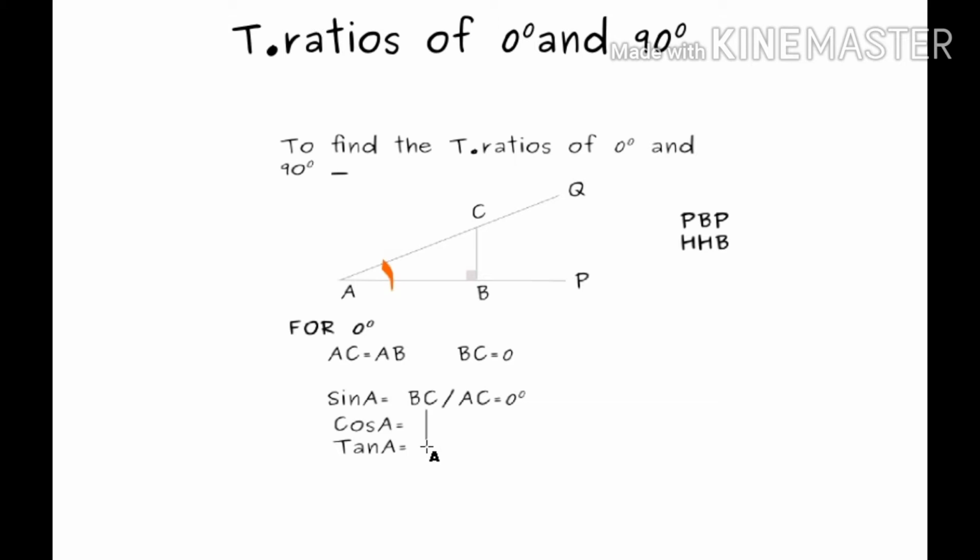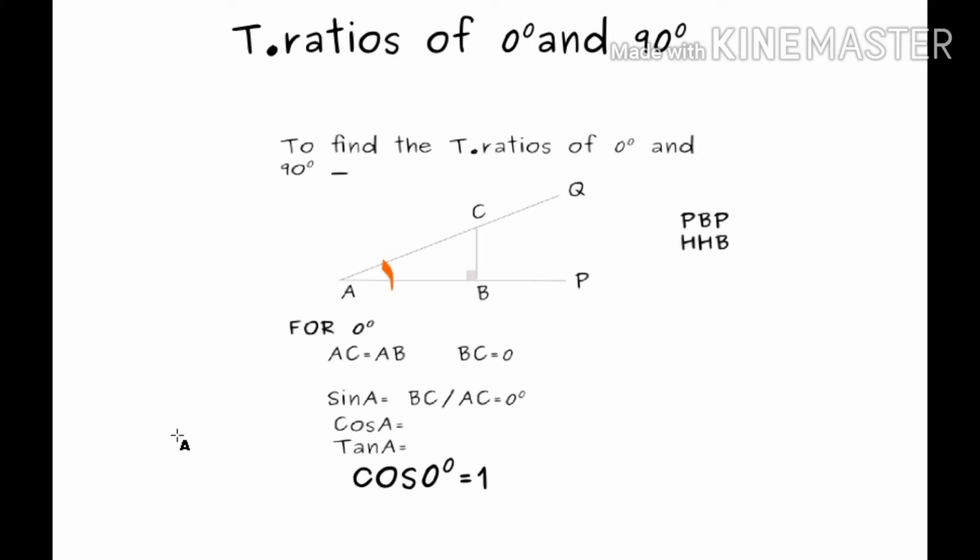Cos, instead of writing A, we should write it as 0 degree, and sin 0 degree will be 0, and cos 0 degree will be equal to how much? 1.